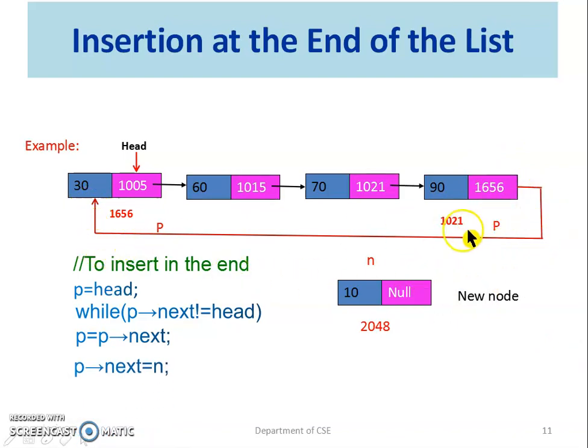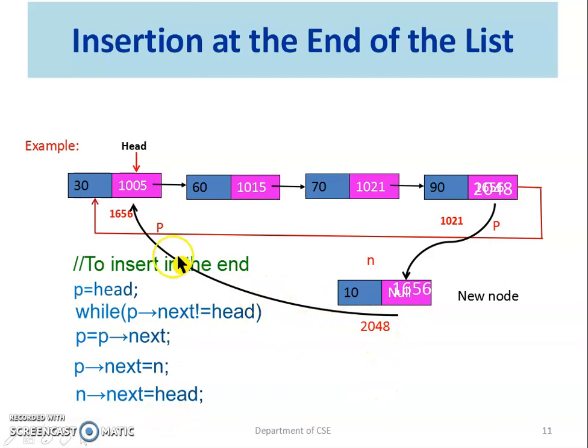Then set the next pointer of P to point to the new node N. Observe the changes in the example shown that the next field of P is replaced with the address of the new node, that is 2048. Then set the next pointer of the new node N to point to the head node by setting N.next is equal to head.